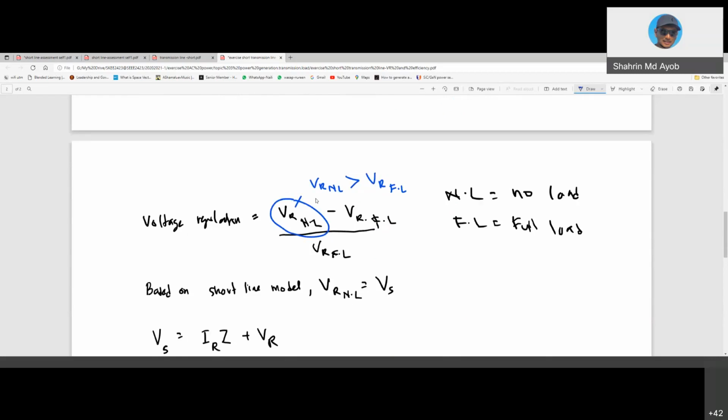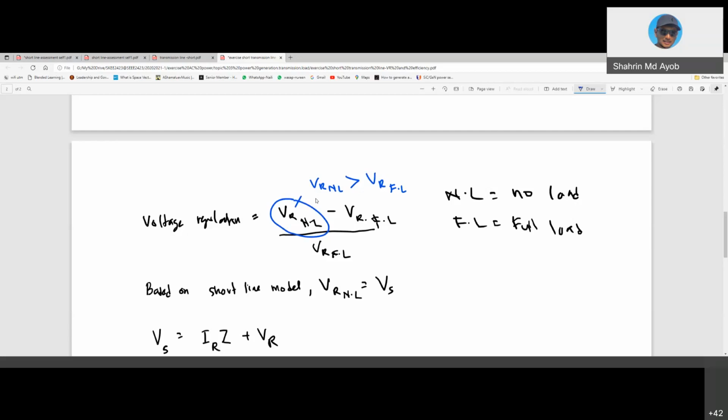When you connect the load, you will see that there is some voltage drop. That is how we see the performance of the transmission line. Usually for a very good transmission line, the voltage difference is very small, meaning that the voltage drop through the line is very small.